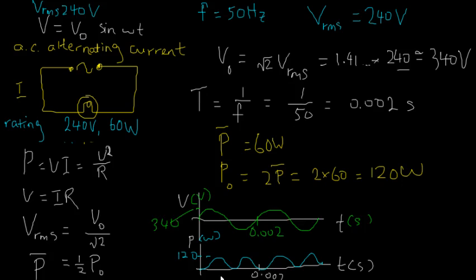Okay, so this from here to here is 0.002 seconds. So from here to here, or from bright to dark to bright, this distance is just 0.001, 1 millisecond. So the time it takes to be bright and dark happens in just 1 millisecond.